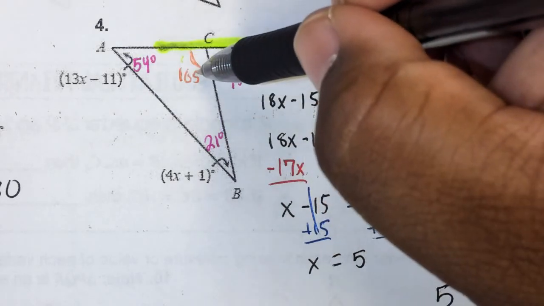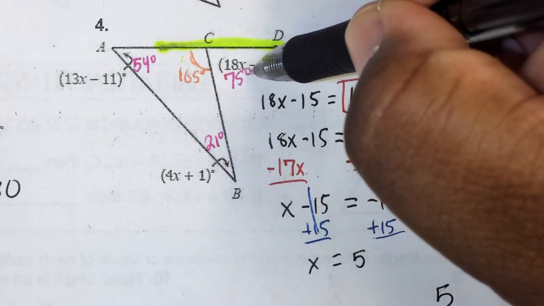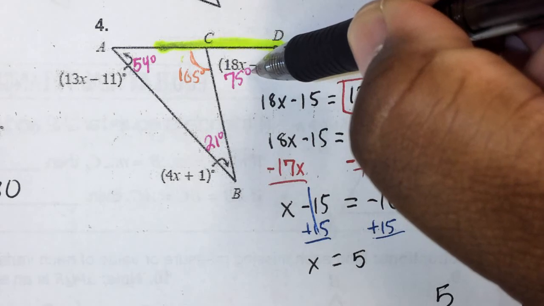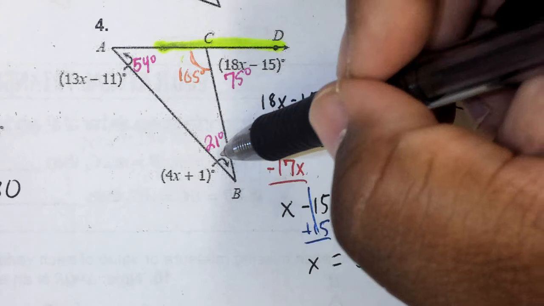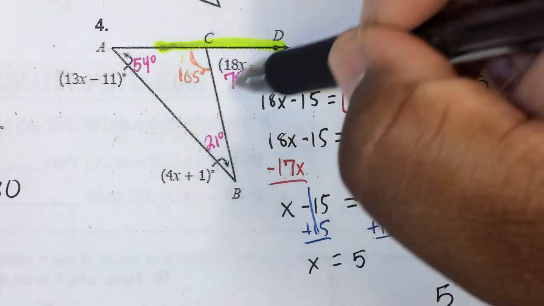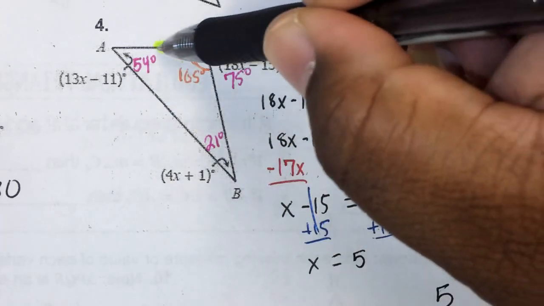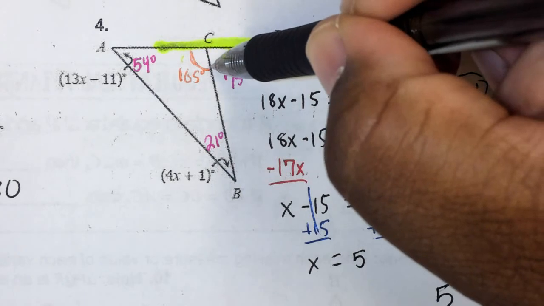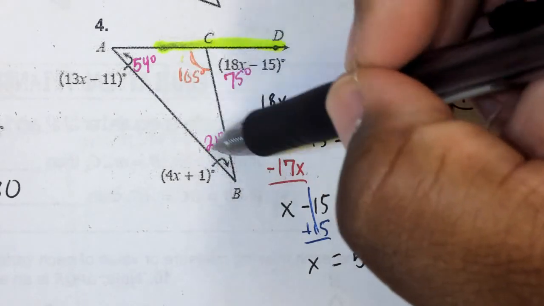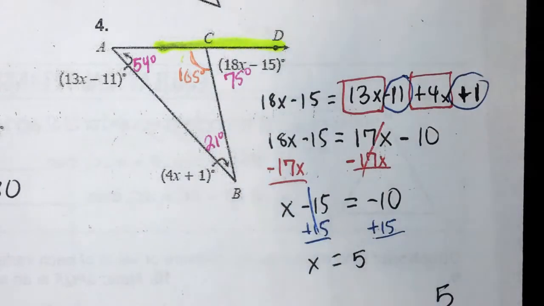But that 105 also adds up to 180 with this exterior angle right here, yes? The 75 we had there. That's how they know that these two angles right here, if you add them together, would equal 75. Because this straight line right here adds up to 180, but also these three angles inside together add up to 180. I think I can connect some of that just for some of y'all.